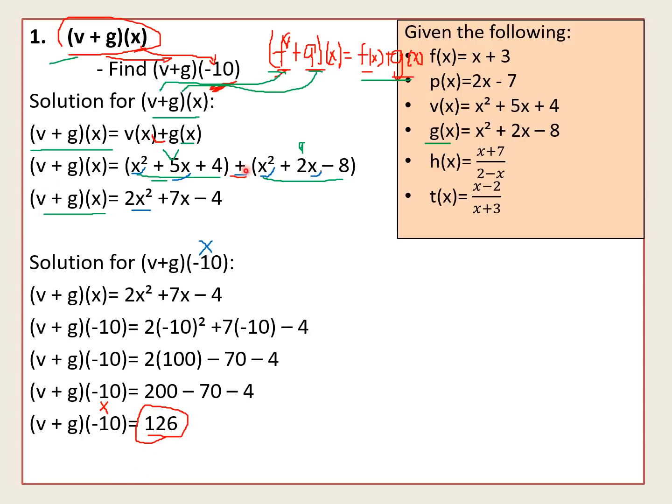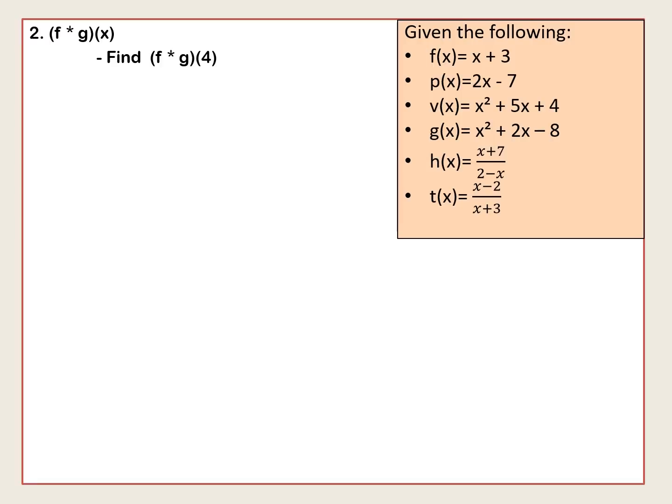Okay? Let's have another one. Now we have here example number 2. According to example number 2, we have to look for the product of the two functions, function f and function g of x. Okay? At the same time, we have to look for f multiplied by g when x is 4.